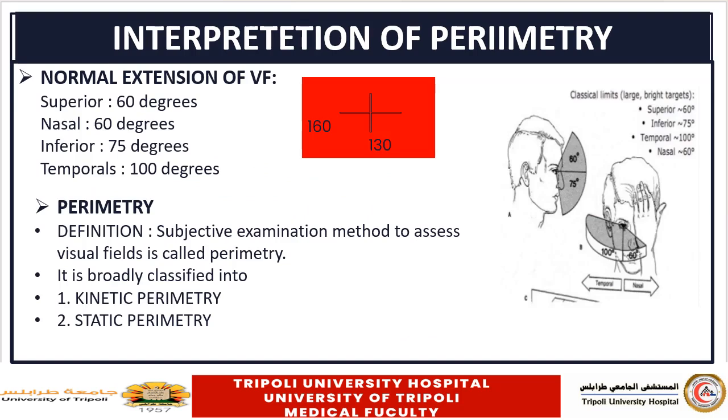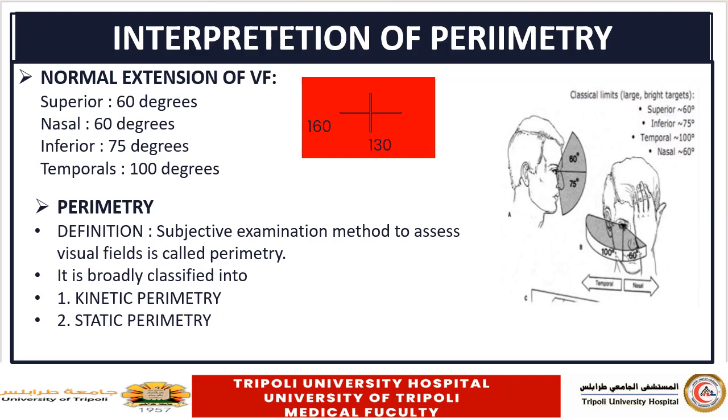As for the boundaries or extension of the normal visual field, the visual field extends up to 60 degrees superiorly, 60 degrees nasally, 75 degrees inferiorly and 100 degrees temporally. And as I said, perimetry is a subjective examination method to assess the visual field. It is broadly classified into kinetic perimetry and static perimetry.